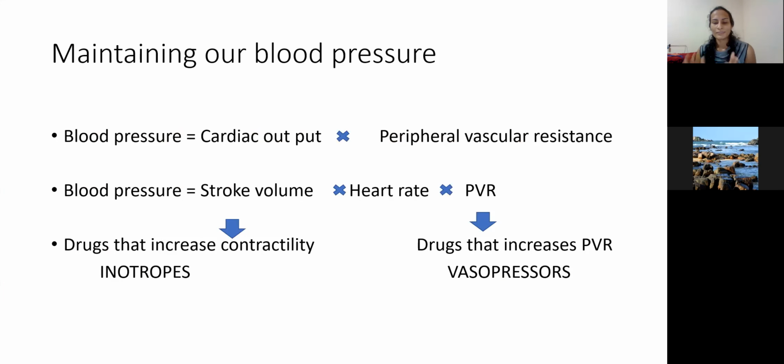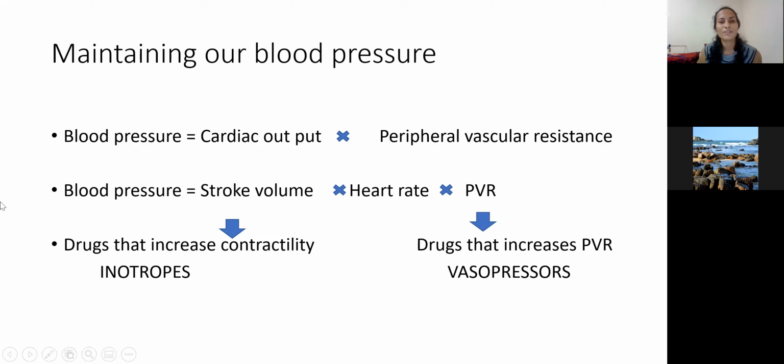So let's again recall some of the physiology. You keep your circulation by maintaining adequate blood pressure. Remember this equation: blood pressure is cardiac output times peripheral vascular resistance, or the systemic vascular resistance.